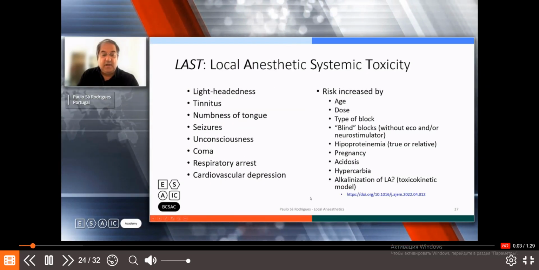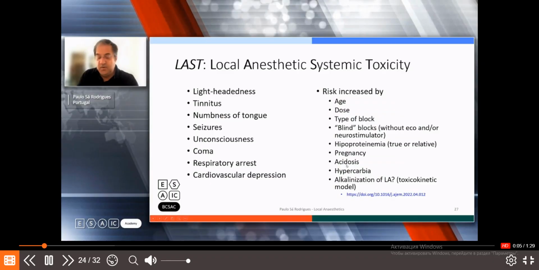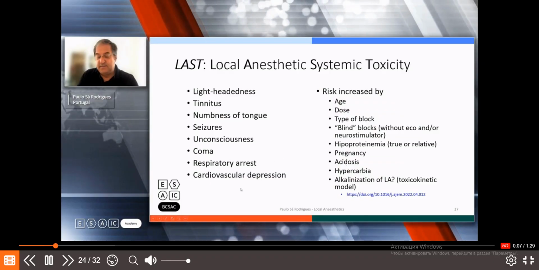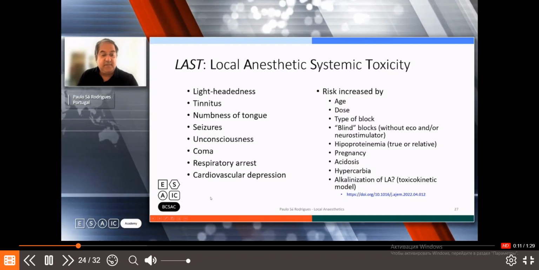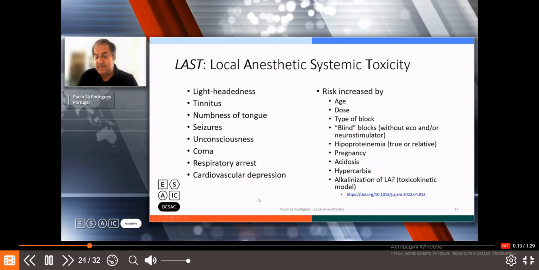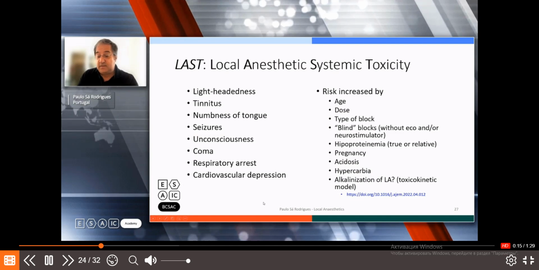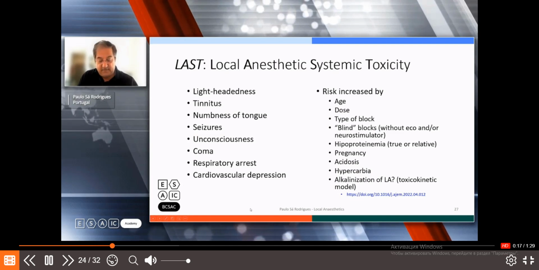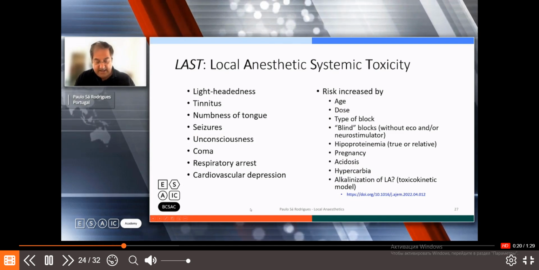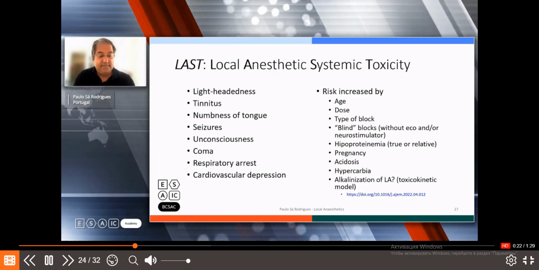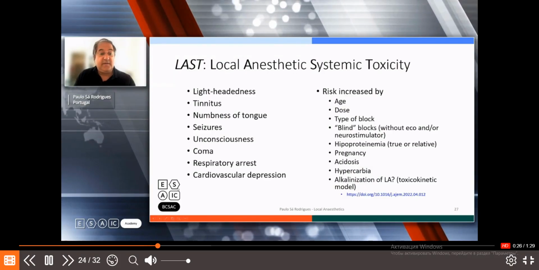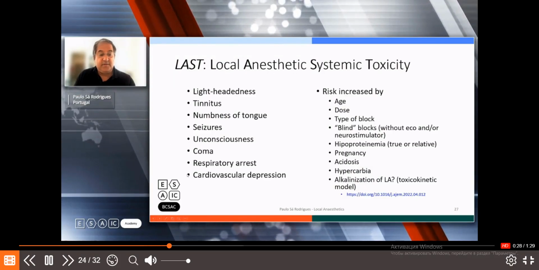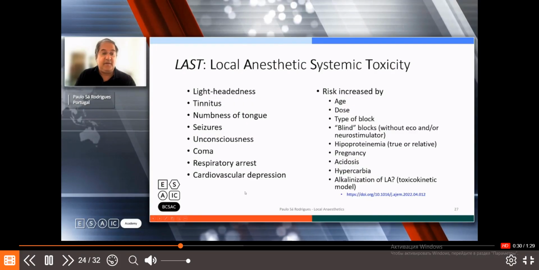So before going to the new usage of local anesthetics, some details about local anesthetic systemic toxicity. This is a quite frequent question during our exams, and the clinical symptoms are displayed here on the left.